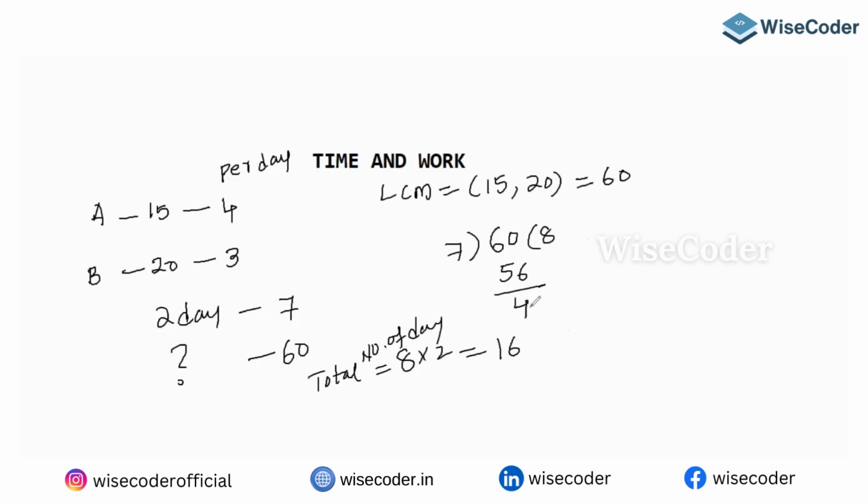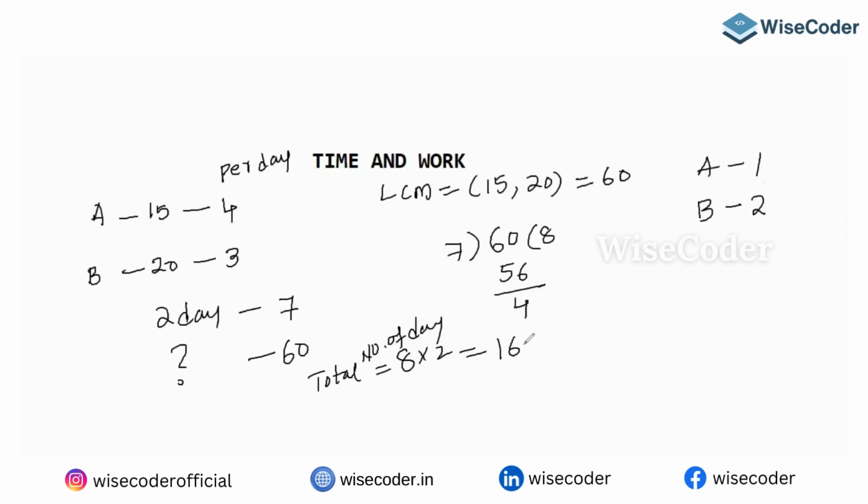No, work is pending. Now, who has to do this job? I am left with 4 chocolates. So, whose turn next? Who started? A. Who ended? I don't know. So, first day A will work, second day B will work. 16 is an odd number or even number? Even number. On an even day, B will work.